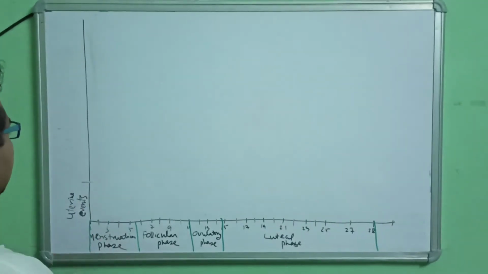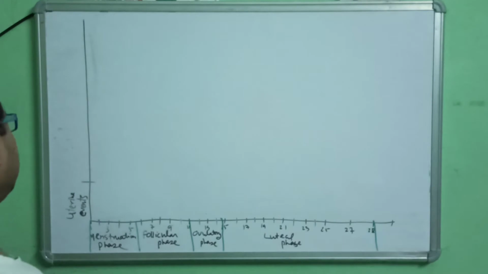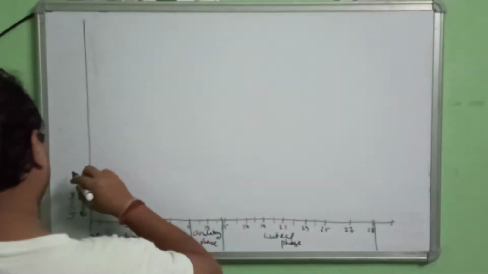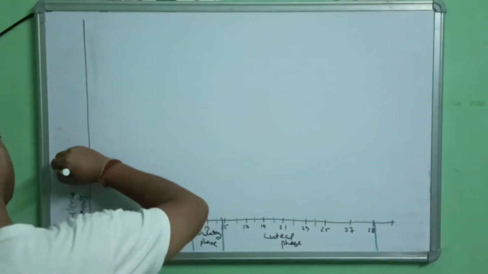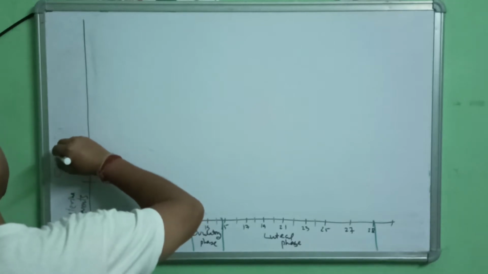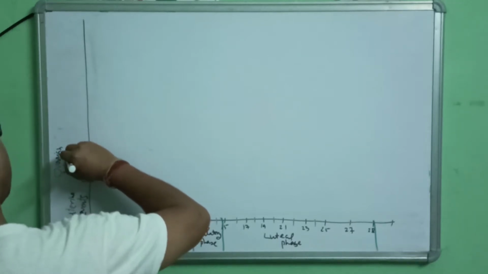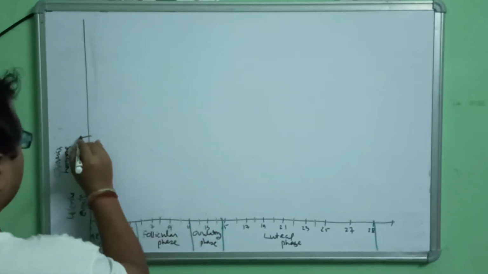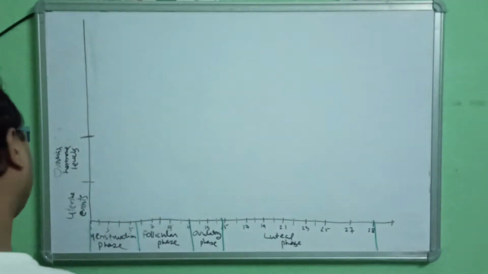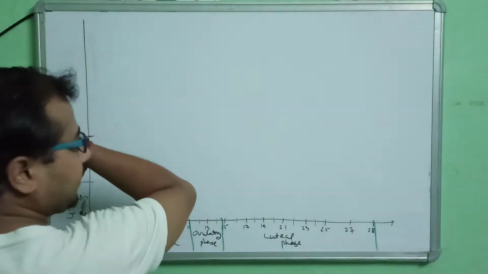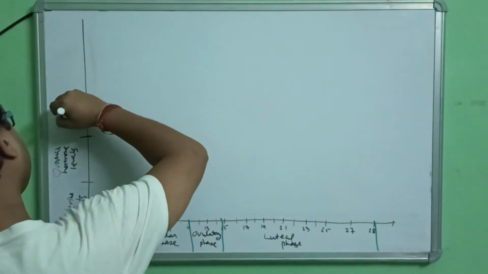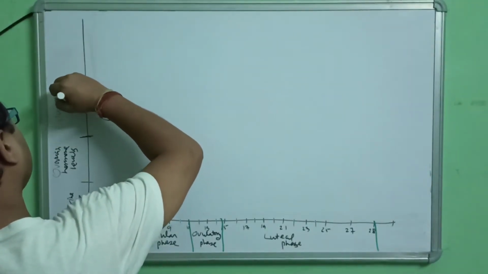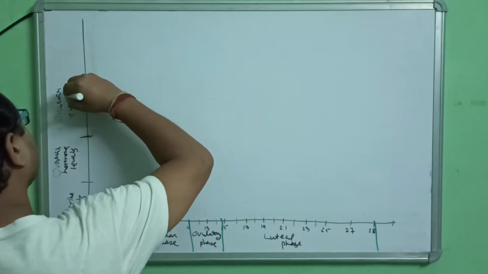Suppose this much. After this, ovarian hormone levels. So this much area I am keeping for ovarian hormone levels, and then the ovarian events.